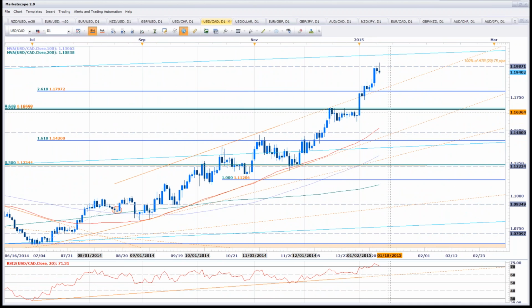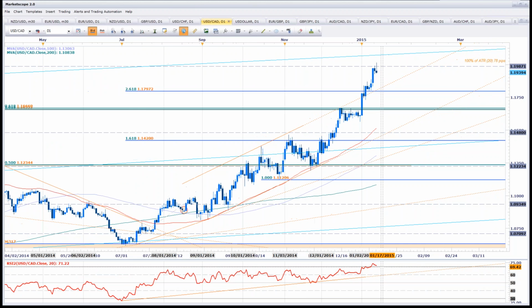In any event, to answer your question, DB, yes. If it breaks yesterday's low and moves lower near term, that would be a trigger. For me, that would be operative if momentum makes it back below 70 on the daily. Okay? Remember, as long as this thing isn't overbought, guys, it can stay there. Okay? So let's not try to fight a trend that's so stretched and there's so much momentum behind it.